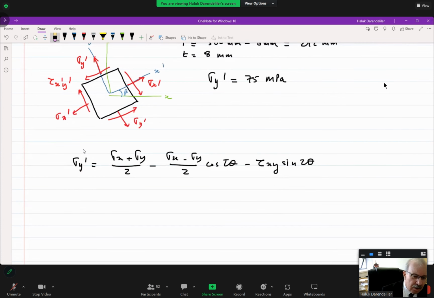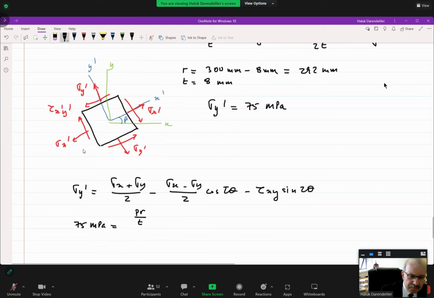Now look, sigma y prime is given as 75 megapascals in the problem. So it is 75 megapascals given for the weld. Sigma x is equal to PR over t. We have just shown that.